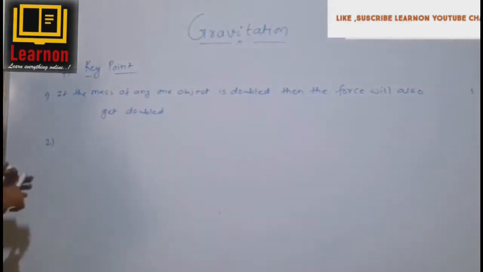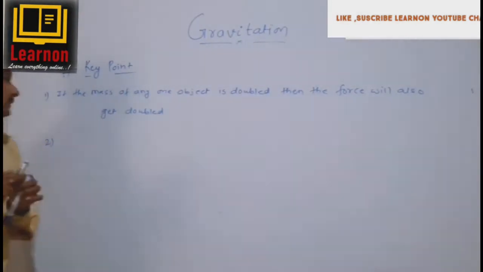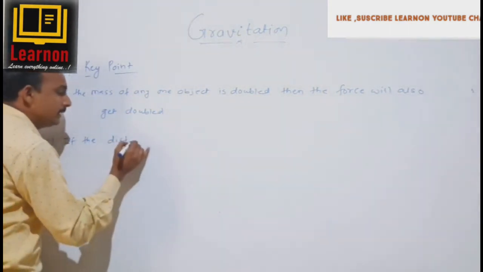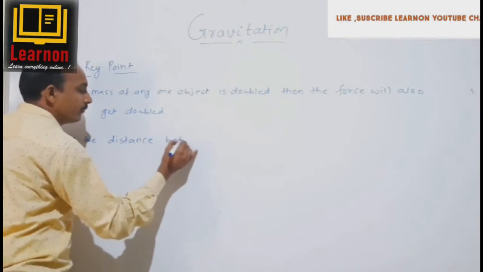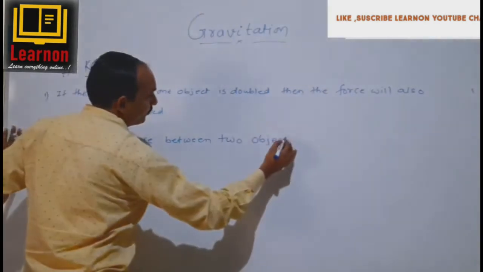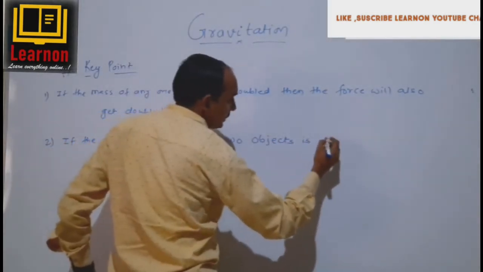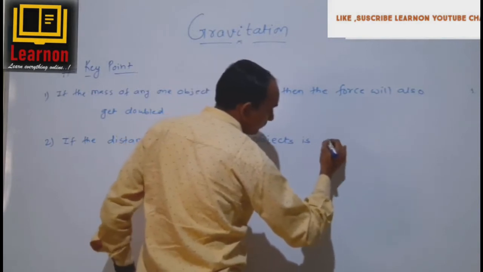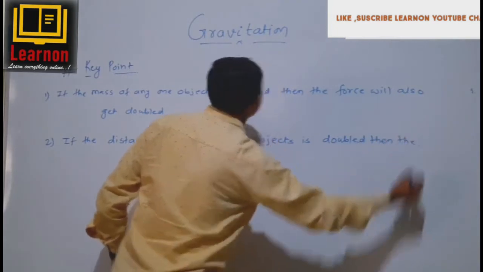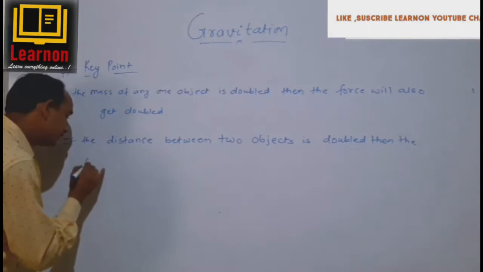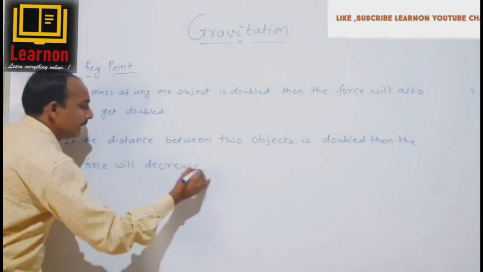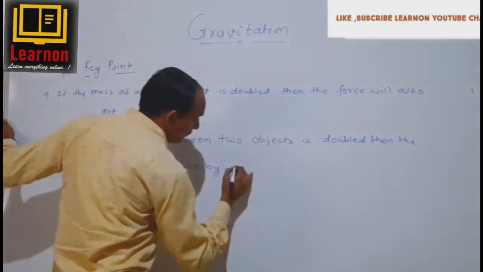Second, if the distance between two objects is made twice, or doubled, then the force will decrease by 4 times.